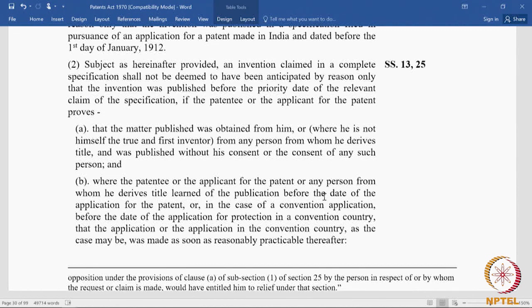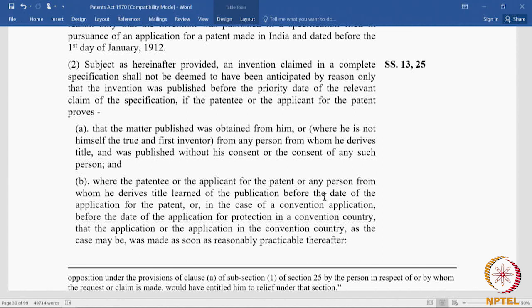In the case it is an Indian application, he should file one, or where an application covers a convention country, he should make the application as soon as reasonably practicable. So, this is the second condition. The first condition is he says that the disclosure was made without my consent, but soon after he found out about the publication, the disclosure, he should move and make an application.